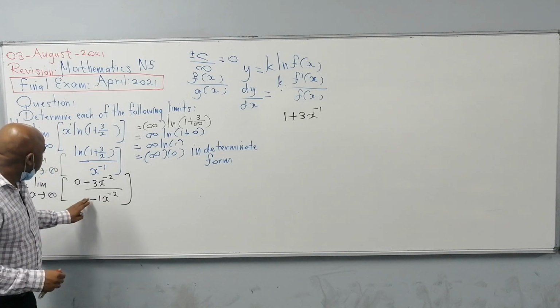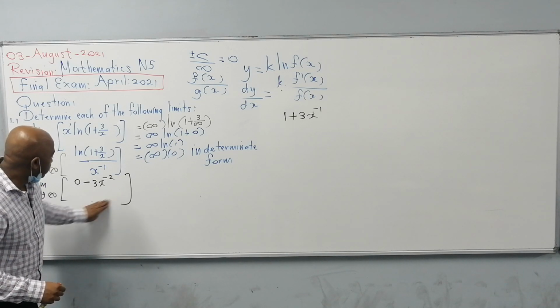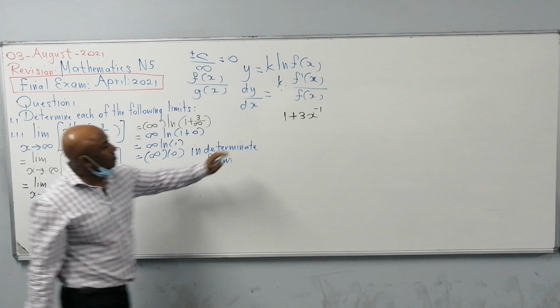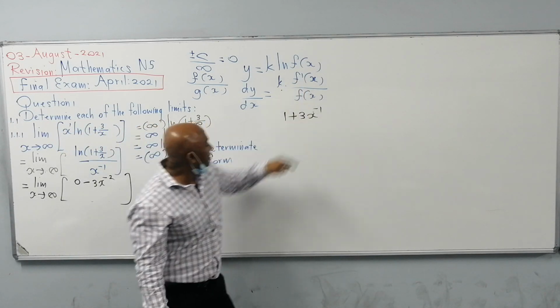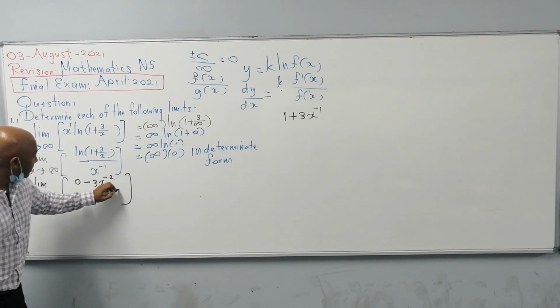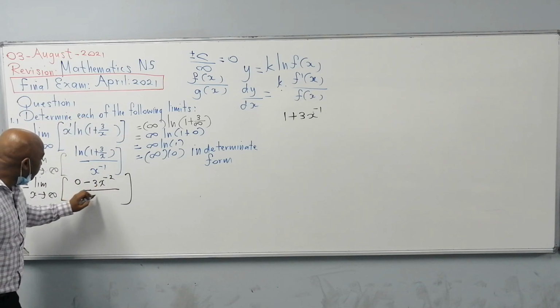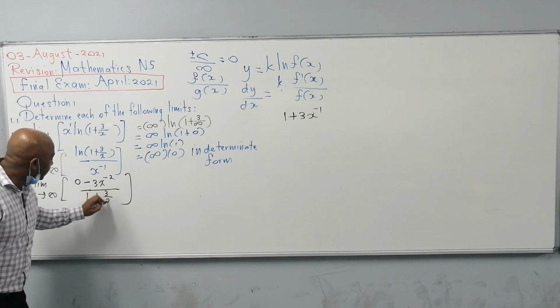Sorry, my mistake. Right, so it's f prime x divided by f of x. So that's minus 3x to the power minus 2. I forgot about f of x. My f of x there is 1 plus 3 over x.